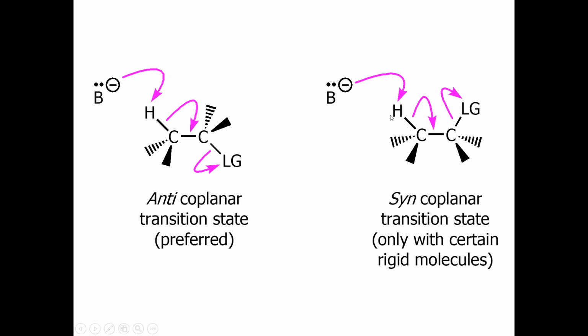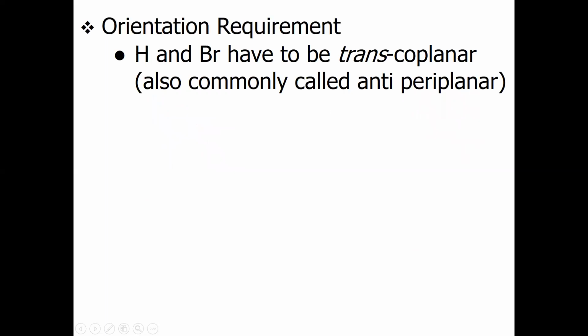Now, if the base removes the proton on the same plane, which is also known as syncoplanar, this type of transition state has rigidness or is sterically hindered. So generally E2 does not favor this type of transition state. Okay, let us look at the orientation of the E2.